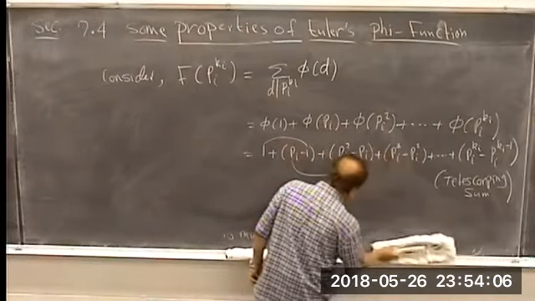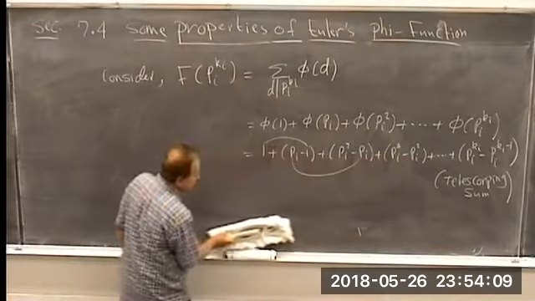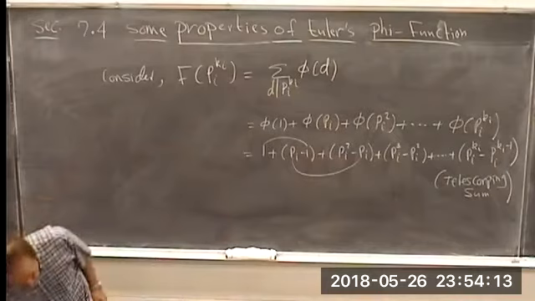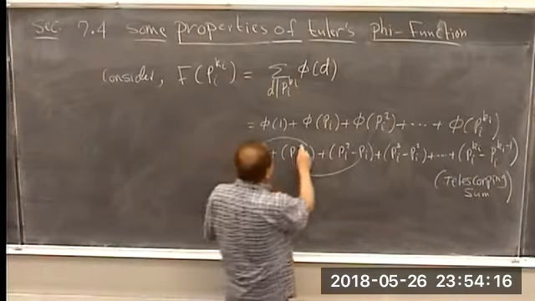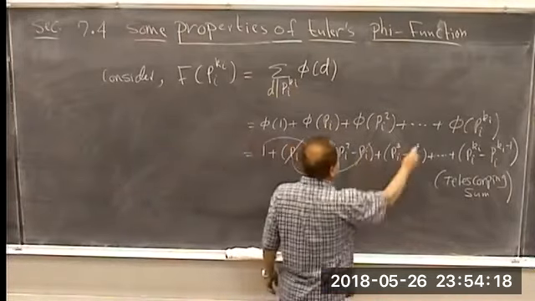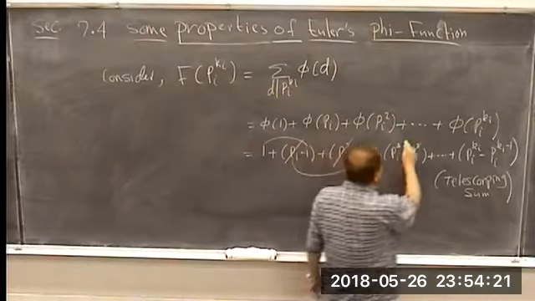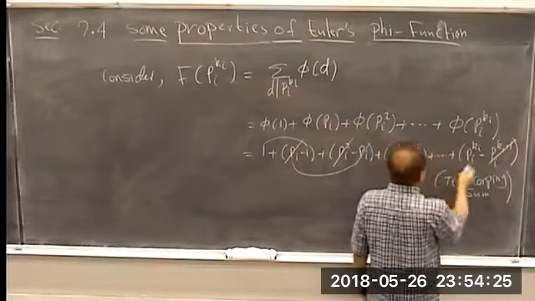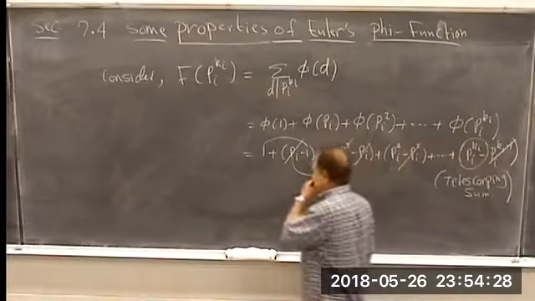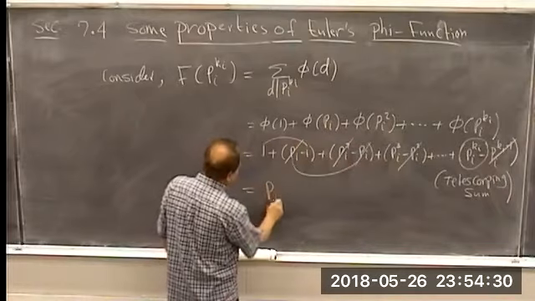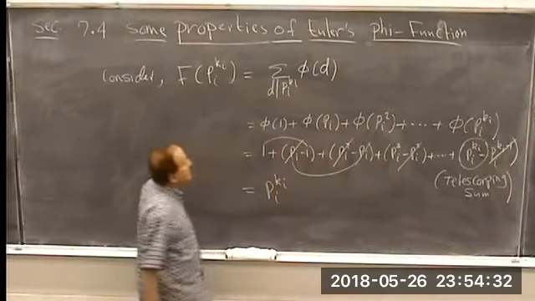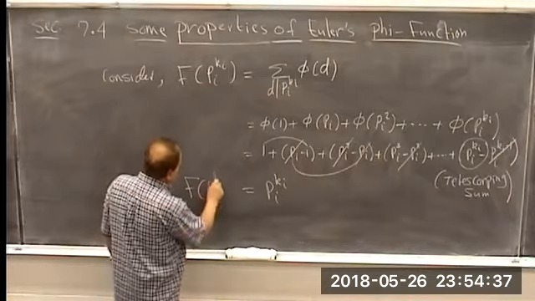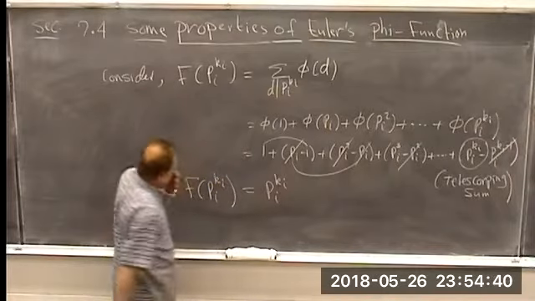To convince you: the first one goes with the second one, the p_i minus p_i, this one goes with the next one, and this one goes with the one before that. So we only end up with p_i to the k_i. So we have f of p_i to the k_i is equal to itself.